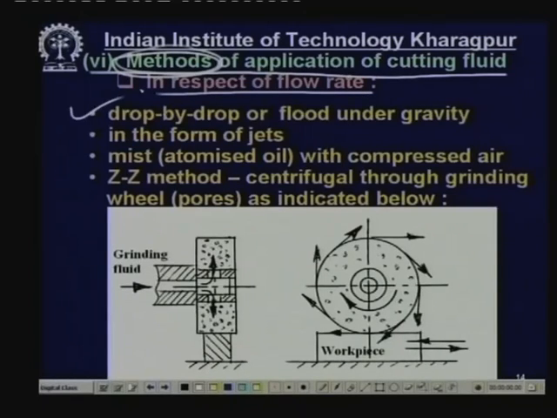It can be drop by drop, you apply the cutting fluid drop by drop, just like a miser, at the cutting point from the top surface under gravity, or it can be applied as a flood under gravity.